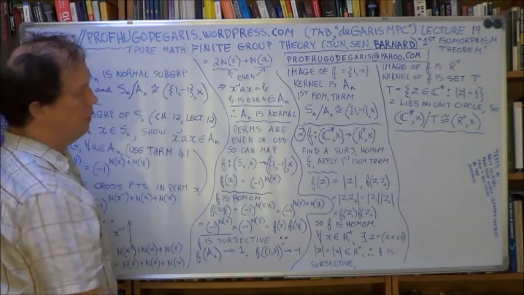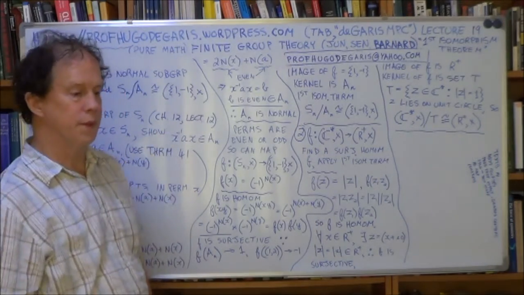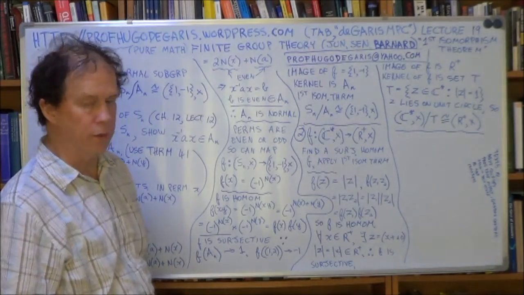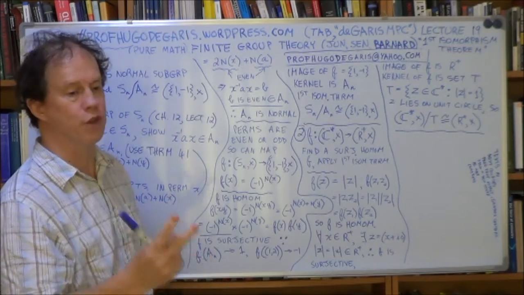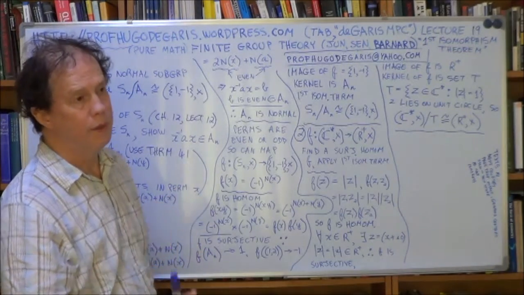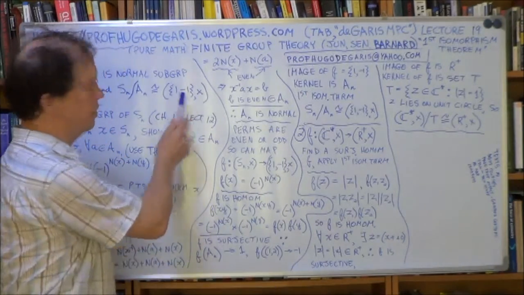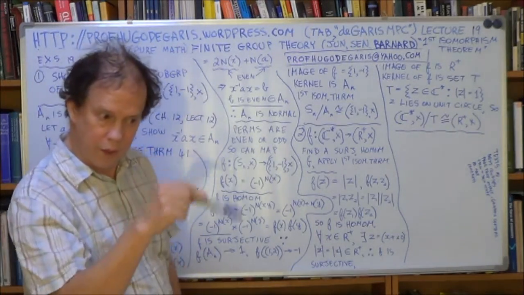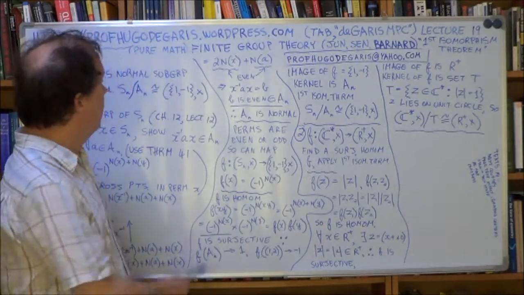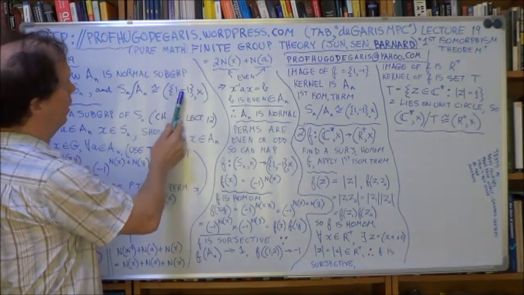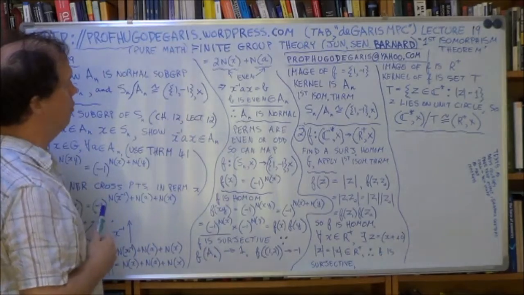And we've only got 2 elements in the group, so the order of the group is 2, that's a prime number, therefore it's a cyclic group. So this is just C2, the cyclic group of order 2. And we're just multiplying 1 and minus 1, so it's really a trivial group.